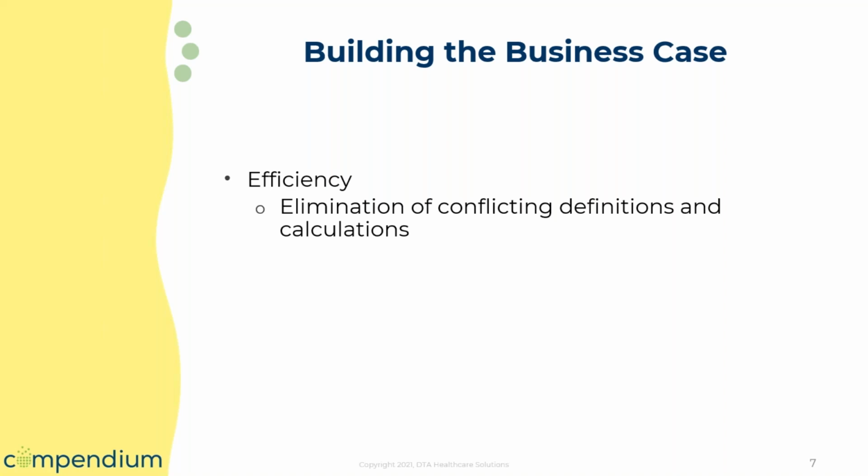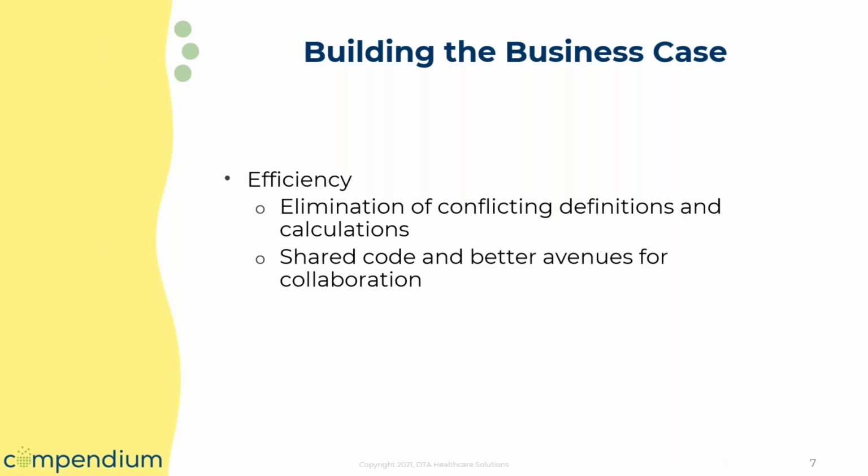Maybe finance has a readmission rate or length of stay calculation, and maybe quality has one, and maybe performance improvement has theirs. When you come to a meeting and they conflict, it takes a long time to sort those things out. So we're looking to eliminate those conflicts and ultimately become more efficient in how we utilize our data.